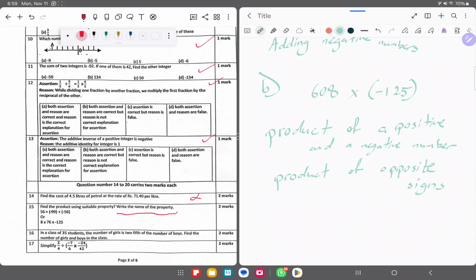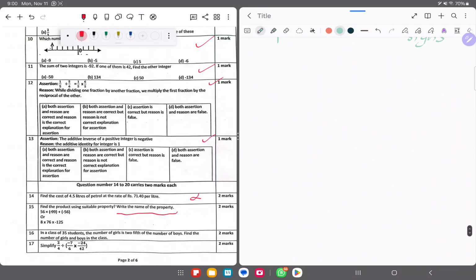Let's go. Next, the last one. It's going to be here, 15, 16. We already explained 16. No, we didn't explain 16. So 16 is here: in a class of 35 students.